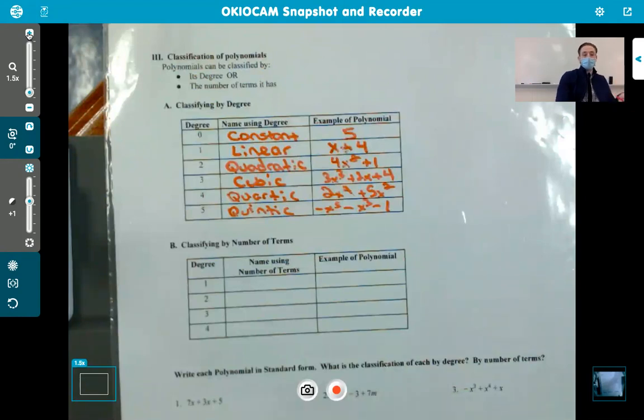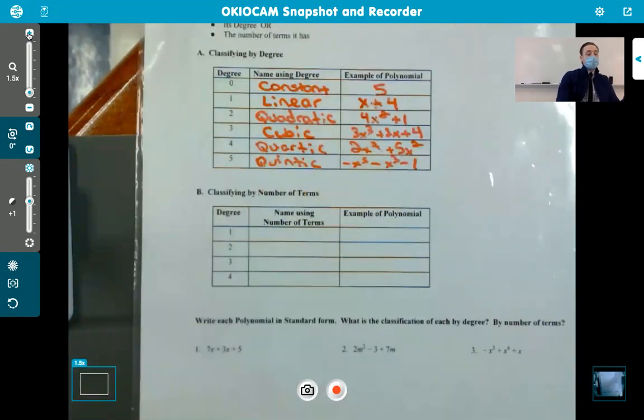Okay? We can also classify it by the number of terms. So that's what that second word is going to be when we classify it. So if it is one term, we talked about this on the first page, what would one term be? That's if it has degree 0, but I'm saying just one term in general. Starts with an M. Monomial.